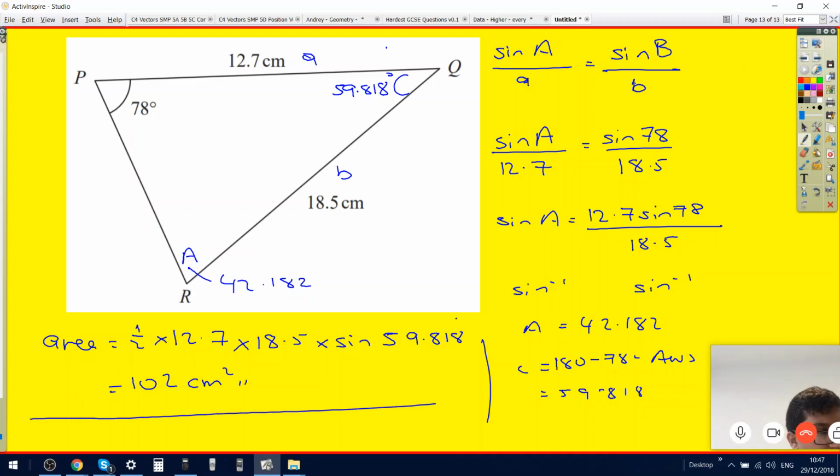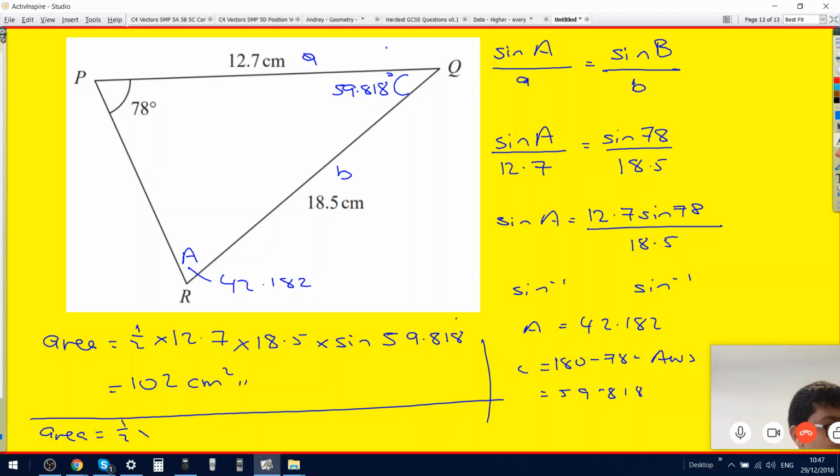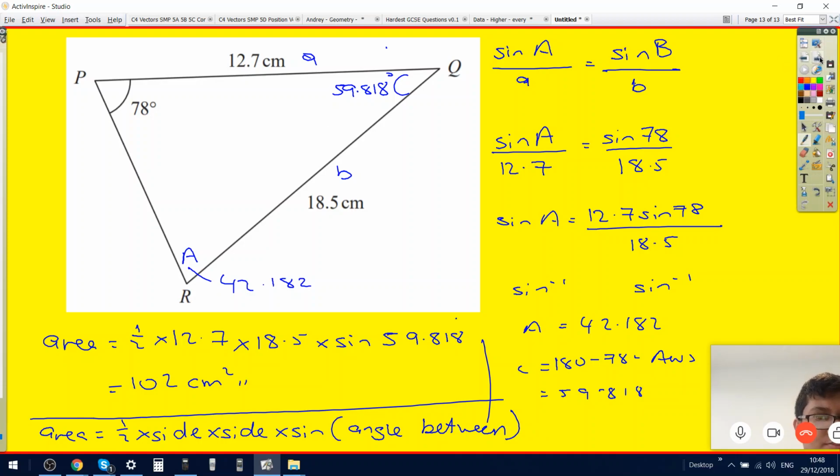No, just with the questions on geometry and area, what would the key things be to bear in mind? So for this one, it's a half times any side times any other side times sine of the angle between the two sides you picked, and you go from there.